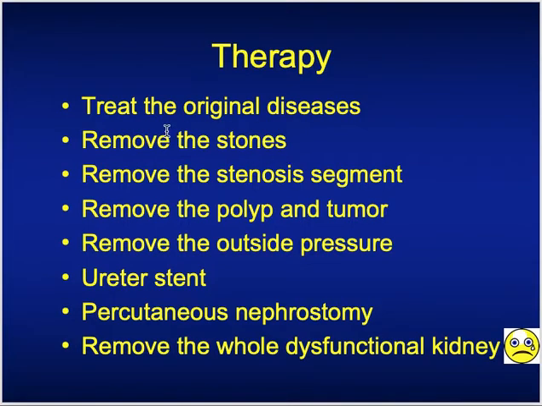If there are stones, we will remove them. If there is stenosis, we have to manage that. If there is a polyp or tumor, remove that. If there is pressure from outside on the ureters or any structure, remove that. We can put in ureter stents, and we can do percutaneous nephrostomy. If the kidney is dysfunctional, then of course remove it.